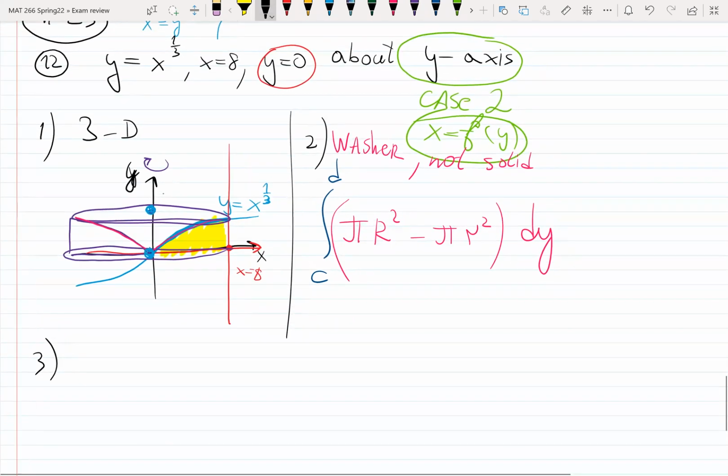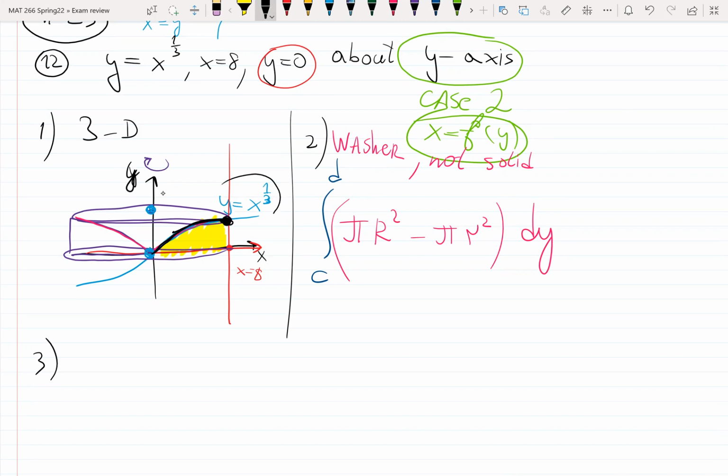But how we're finding it is the same. We need to find this point over here from the intersection of those two curves. What two curves? That's why sketching is so convenient. y equals x to the 1/3 and x equals 8. Plug in your 8. y equals 8 to the 1/3.